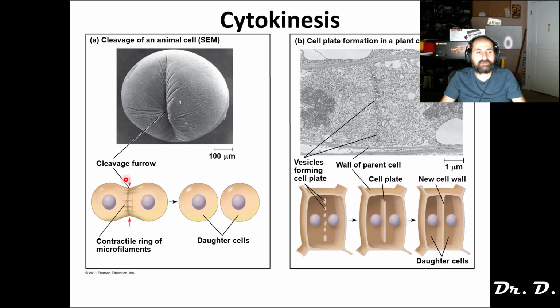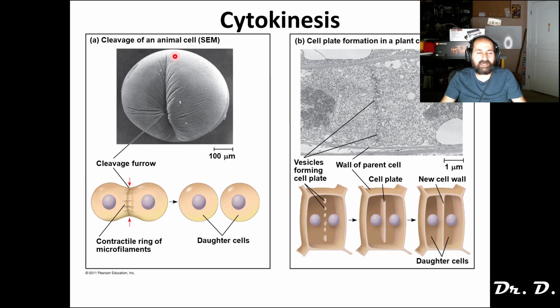Okay, and what you need to know for the exam, what you need to understand is that the reason you're getting this pinching here is because of the contractile ring of the microfilaments. So do you remember in chapter 4 we talked about microfilaments? Remember actin microfilaments? Those actin microfilaments are responsible for cleavage furrow formation. I think we even talked about that in chapter 4.